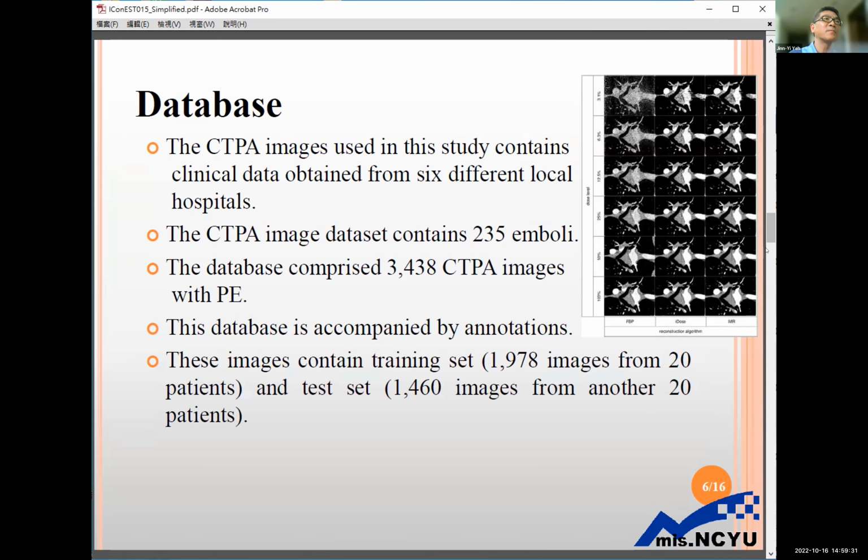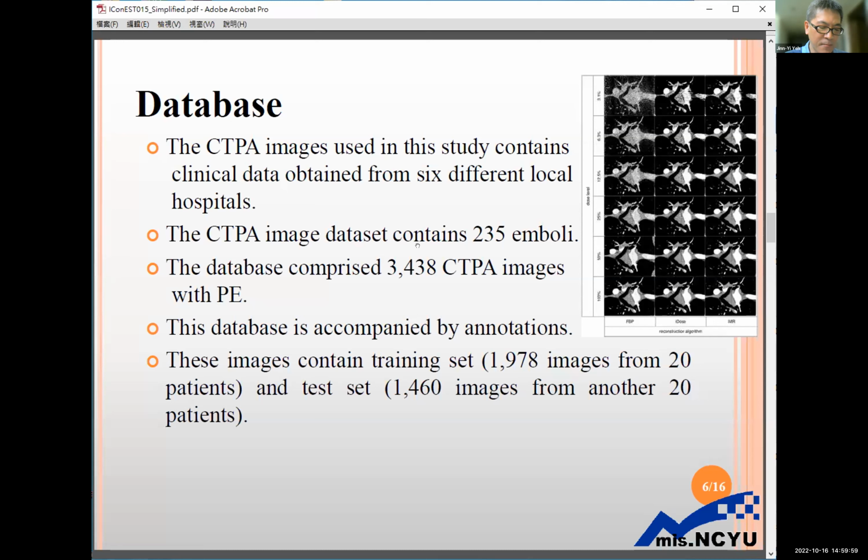The database we use in this study contains clinical data obtained from 6 different local hospitals. The radiology research center was in Madrid, Spain. The CTPA image dataset contains 235 emboli.